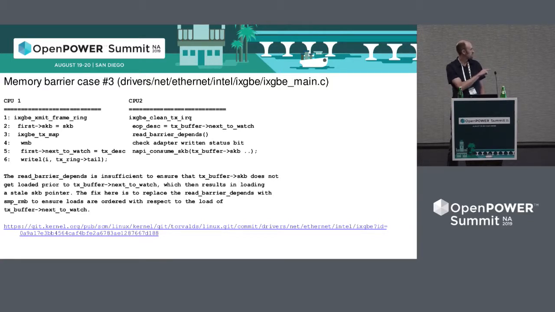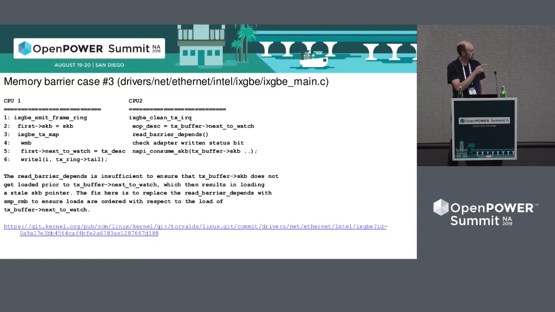On CPU 1 here, it's once again sending a transmit packet, saving away the SKB pointer into our buffer, doing a write memory barrier to ensure all our stores are coherent until we get to 5, and then we do this next-to-watch pointer, which points to essentially the next transmit descriptor to process, and then we ring the doorbell.